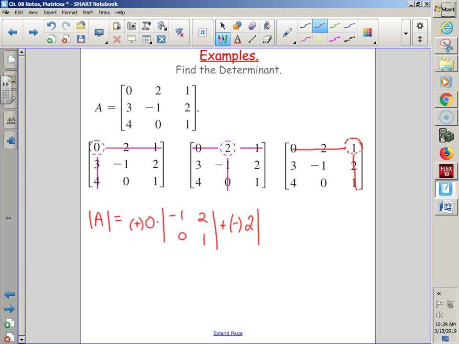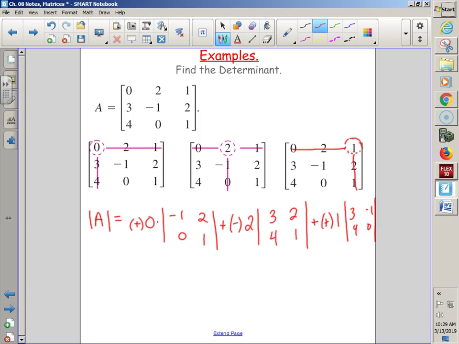We're still taking whatever is circled, and we're still writing down the determinant of whatever is left when ignoring the row and column of whatever entry we're dealing with. And once again, as we go on to the next, our signs will alternate yet again as far as being multiplied by whatever entry we're dealing with, writing the determinant of whatever is left.